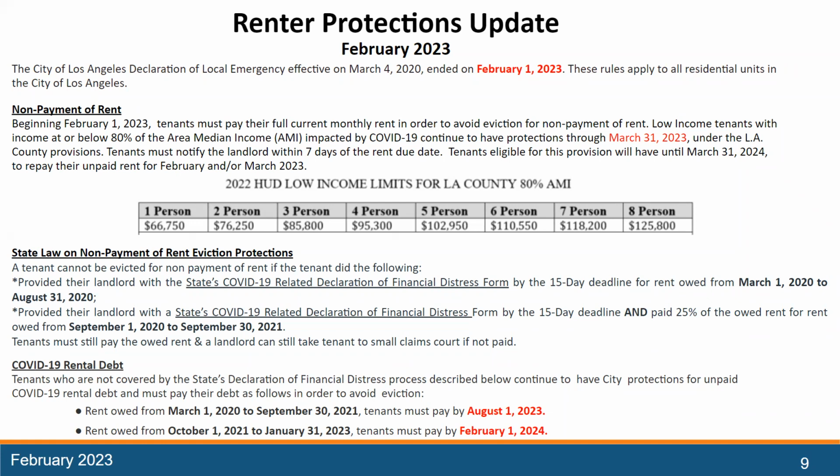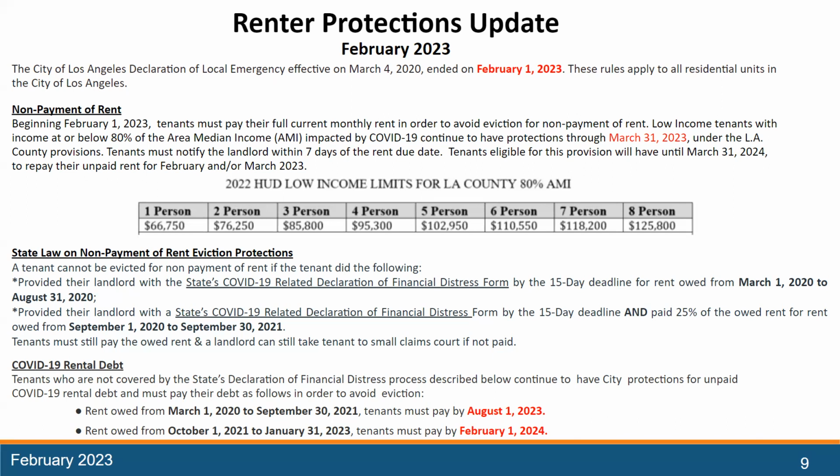And it had to be timely. So it had to be submitted to the landlord within the 15-day deadline. So if a tenant fulfilled this requirement, then the landlord could not move forward with an eviction for the owed rent during this period. Now, the second asterisk covers the second time period, September 1st, 2020 through September 30th of 2021.